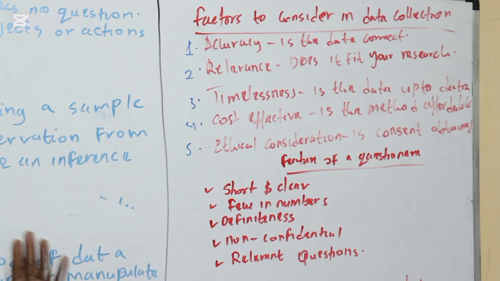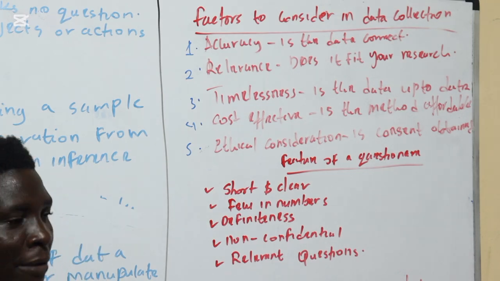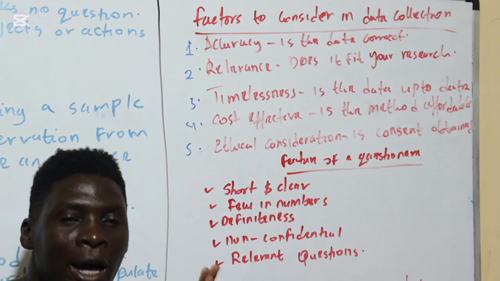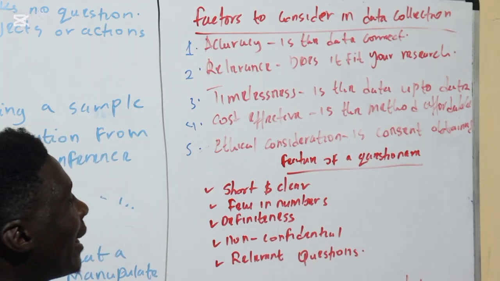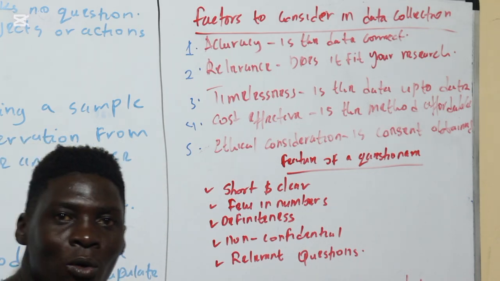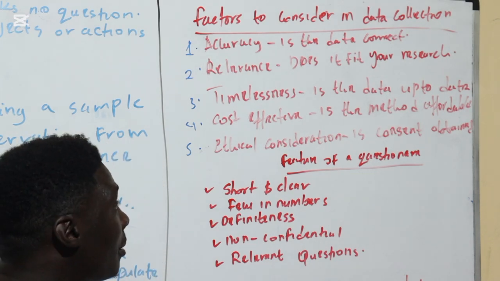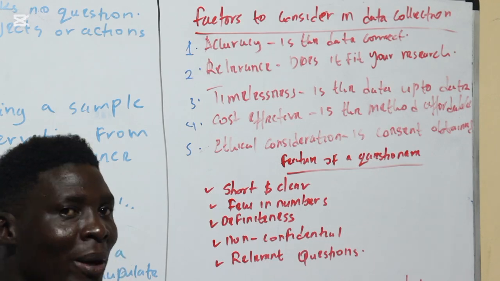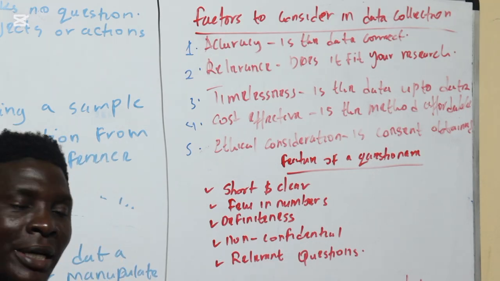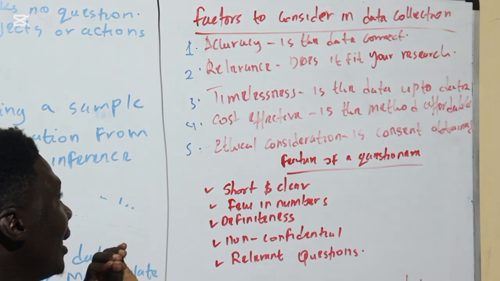Also in data collection, before you collect data which was done for a research or a study, there must be ethical consideration. Ethical consideration means that the consent of the owner of the data must be obtained. The legal requirements for data collection must be met, so that the data you collect after doing your research doesn't bring issues, such as plagiarism or whatever it is.